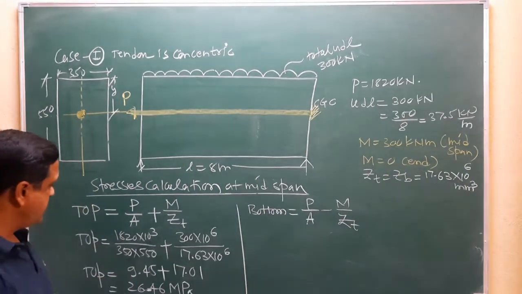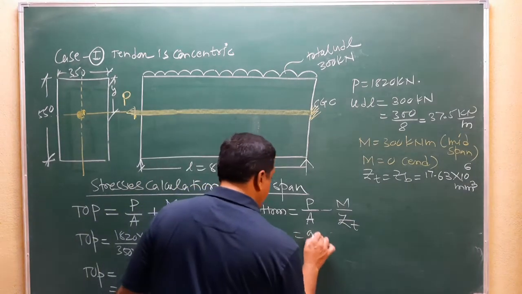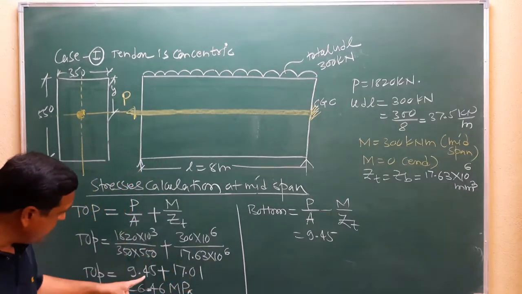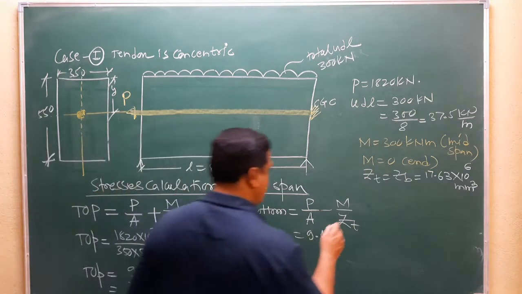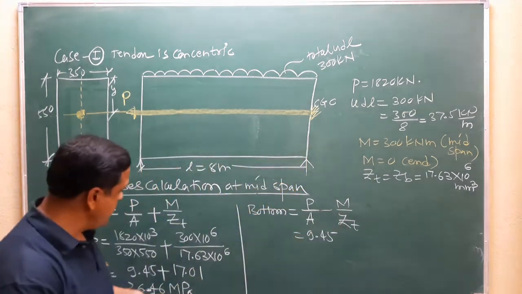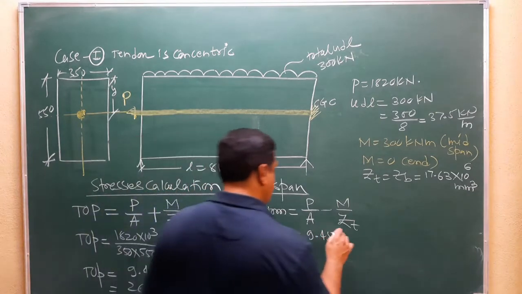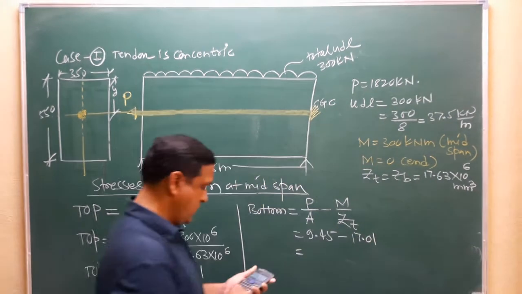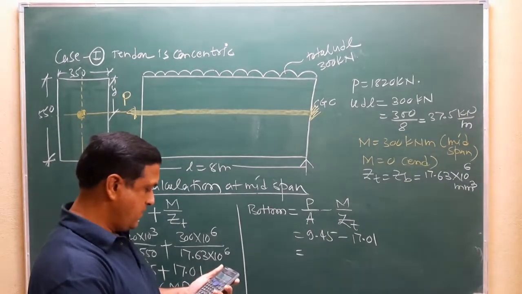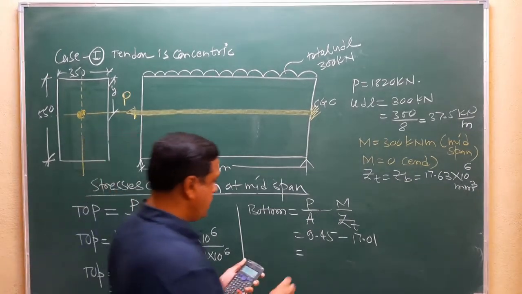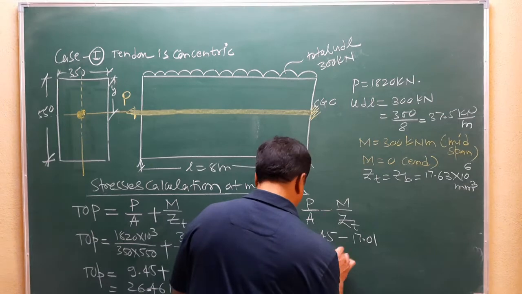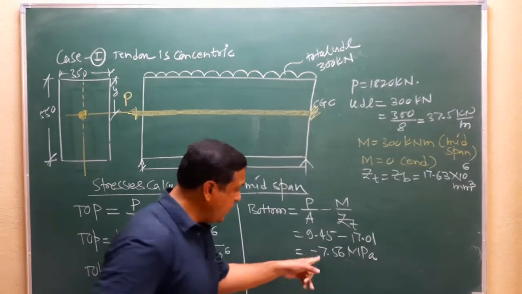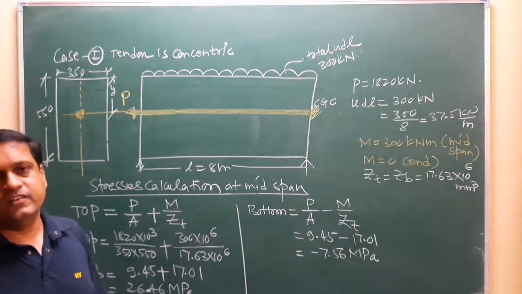This term is 9.45, which we have already calculated, and the M by Z term is the same, minus 17.01. So 9.45 minus 17.01, the value is minus 7.56 megapascal. Now the bottom fiber stresses are in tension.